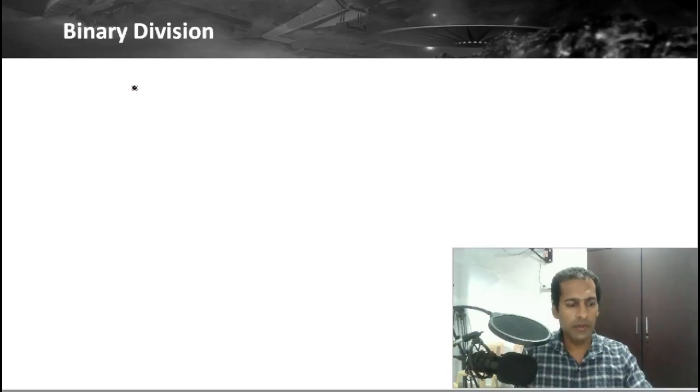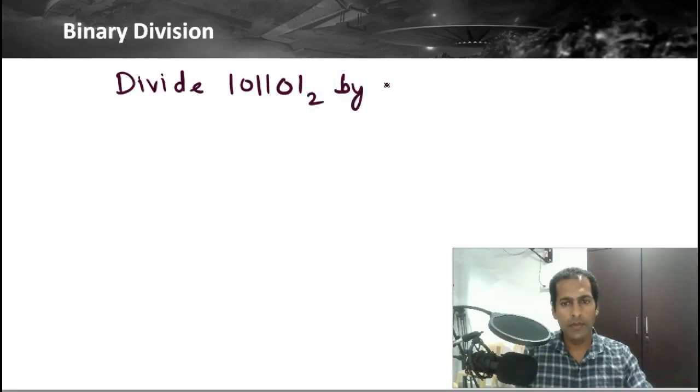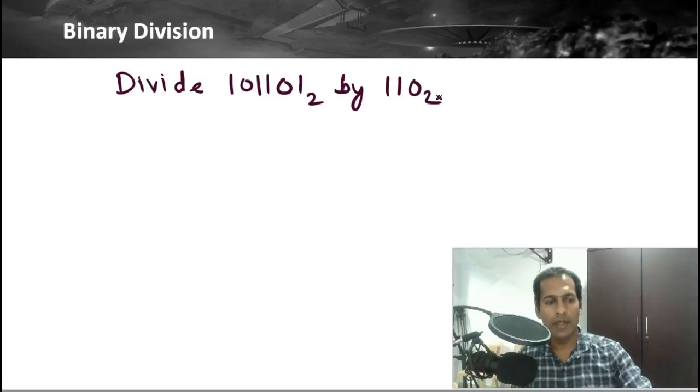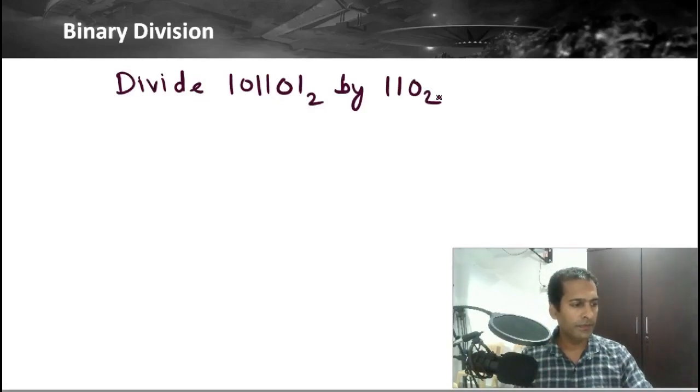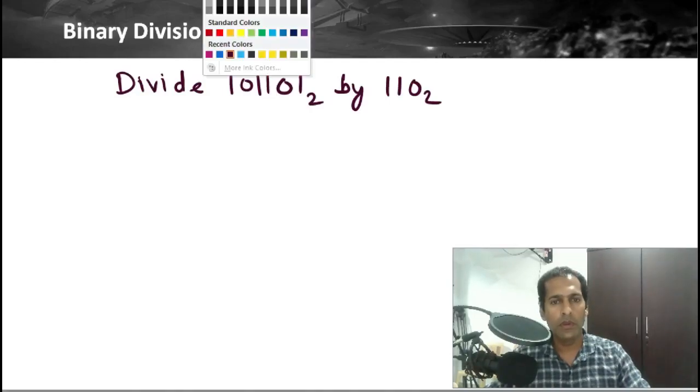Say we take the example: divide 1 0 1 1 0 1 binary by 1 1 0. So this is our example where we want to perform the division. The normal method we use for division we can apply.